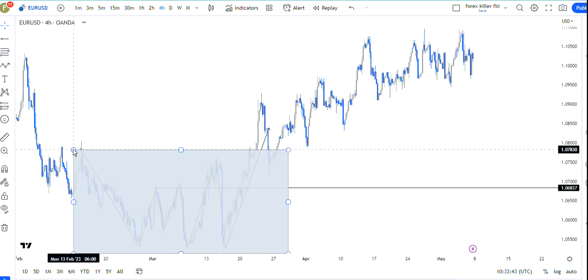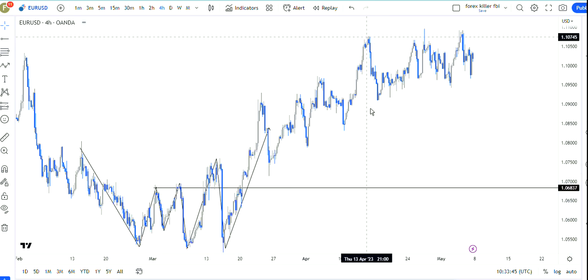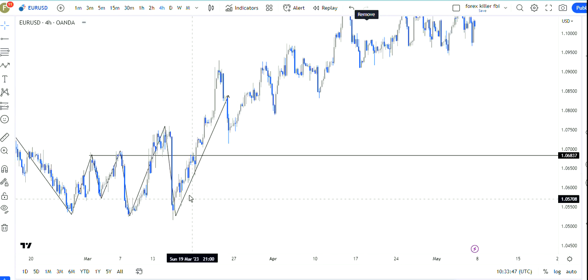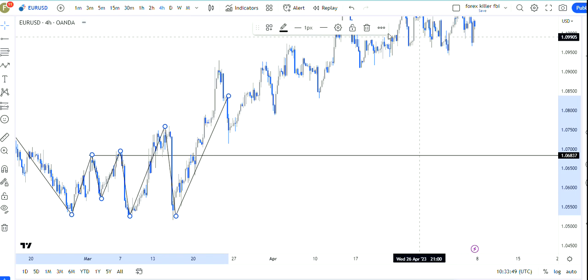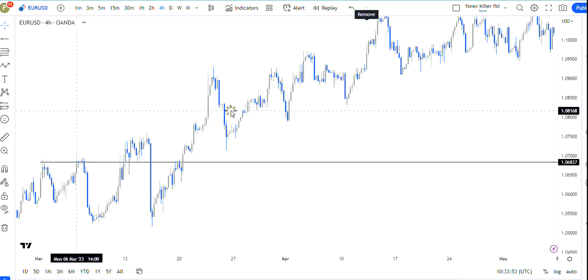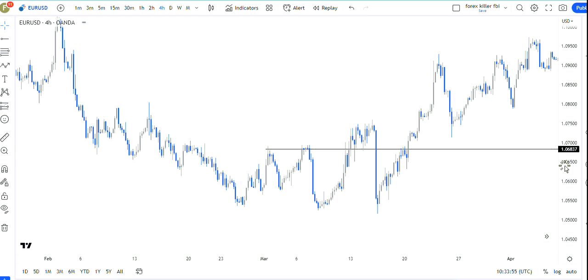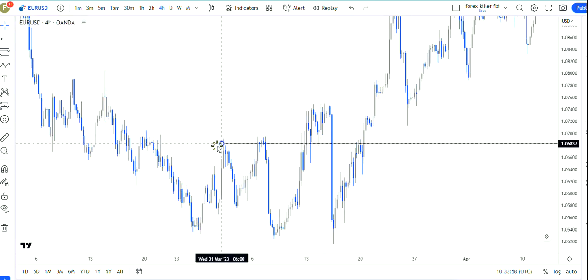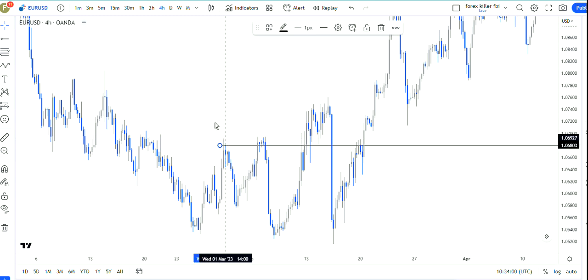Let me remove this shadow here so people will see it properly. So our market will be coming up to this overthrow here. We will be marking it as a shadow or a body candlestick, no matter.